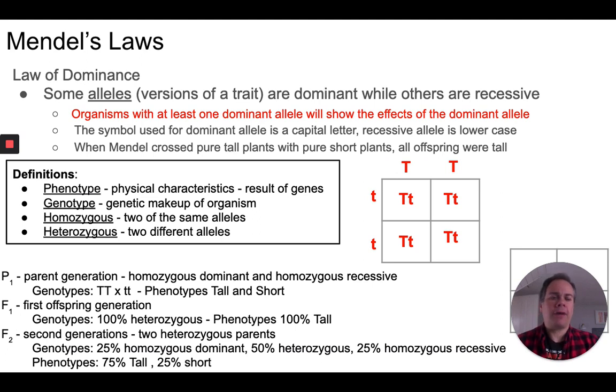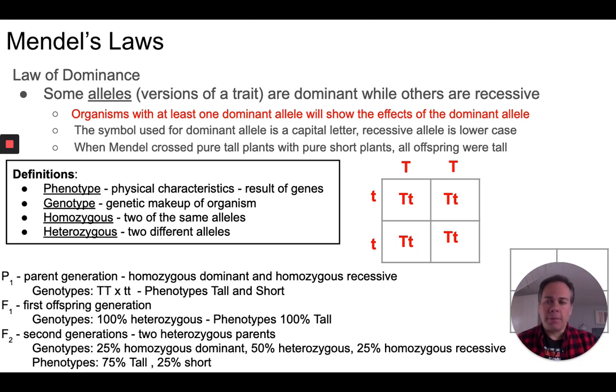So we need to define a couple words here. When we talk about the phenotype of an organism, what we're talking about is how those genes are manifest, how they're displayed, how they come through. Often it'll be physical characteristics. So when I talk about this is a tall pea plant, I'm talking about its phenotype.